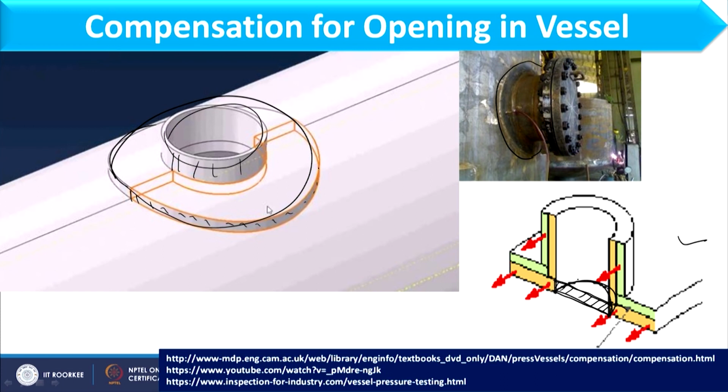So, it means whatever area we have removed, accordingly we need to provide some additional section, which has been shown with this green color. In this way we need to provide some additional material for compensation. As far as the nozzle is concerned, the nozzle must be placed, and for that the opening must be created, but that opening should be compensated or reinforced.